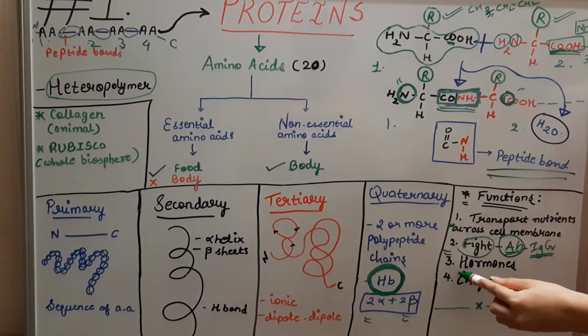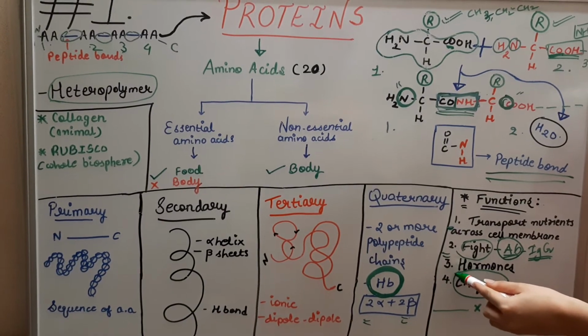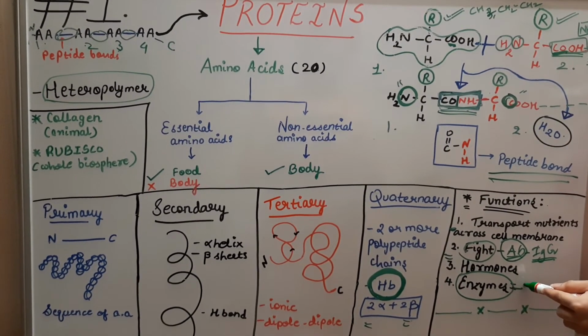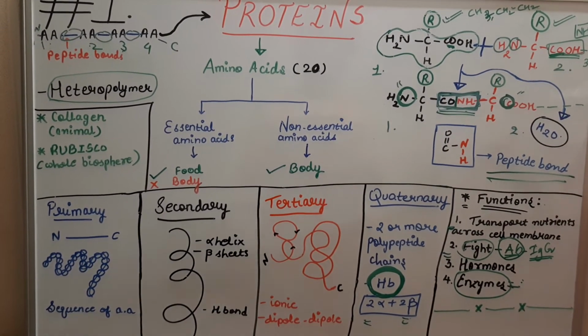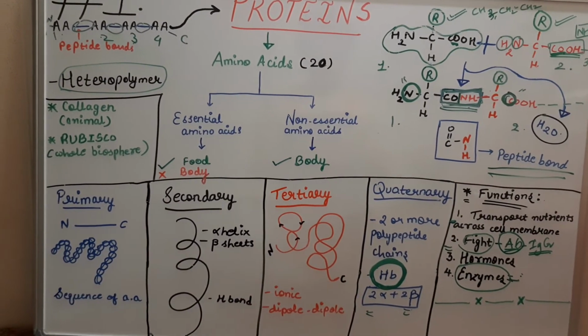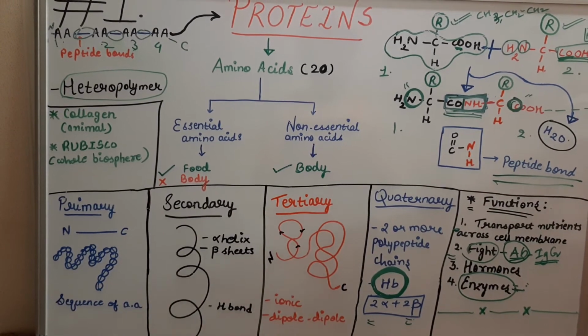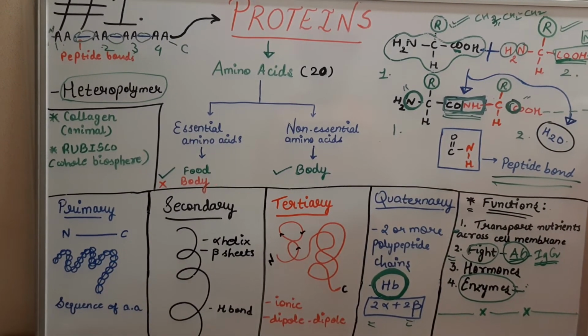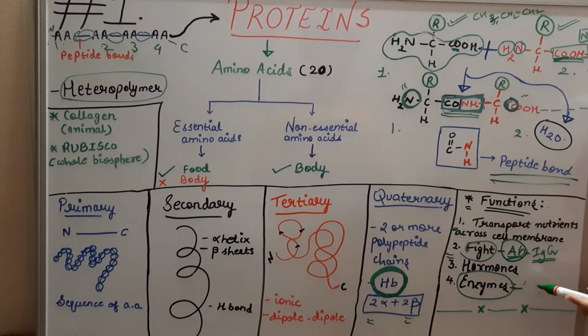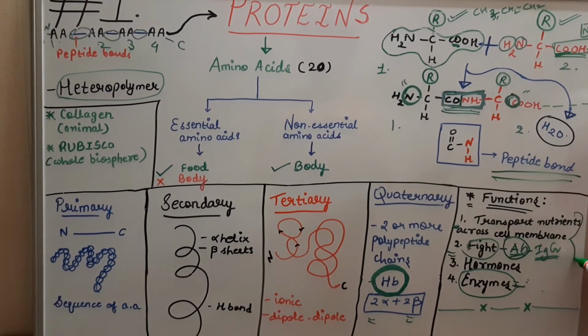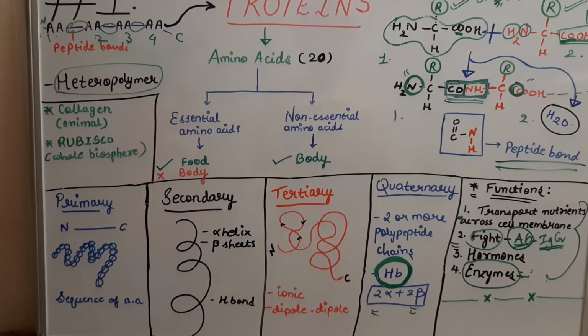Most of the proteins are enzymes, and they carry out many of the chemical reactions in the cells and also assist in the formation of new molecules by reading our genetic information, that is DNA. So these are the major functions of the proteins.